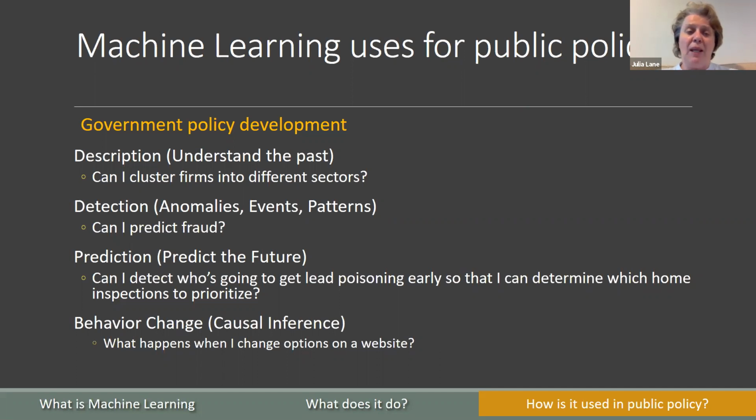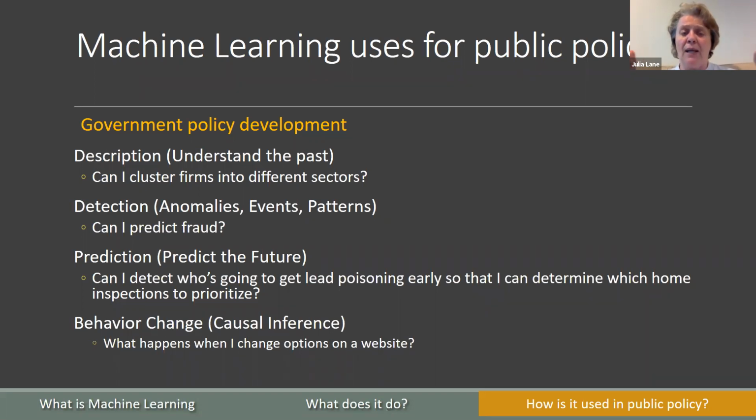The detection is, can I predict fraud? Can I predict how someone is going to vote? Can I predict which political party they're going to belong to and so on? Or can I predict if they're going to skip bail? That's another example. I could predict the future.